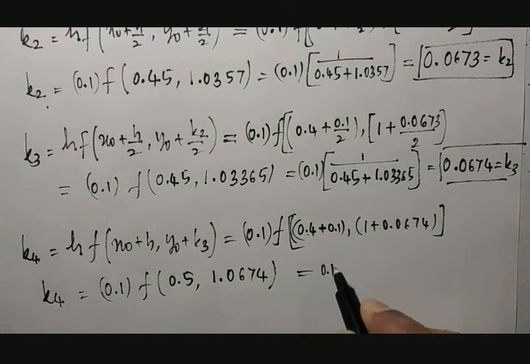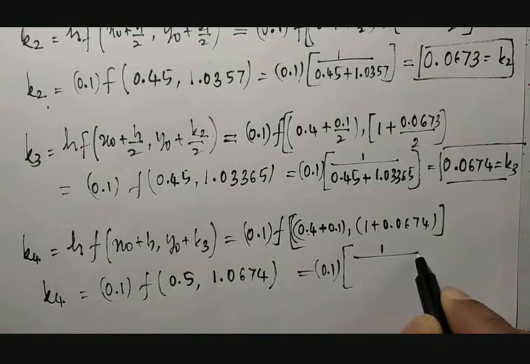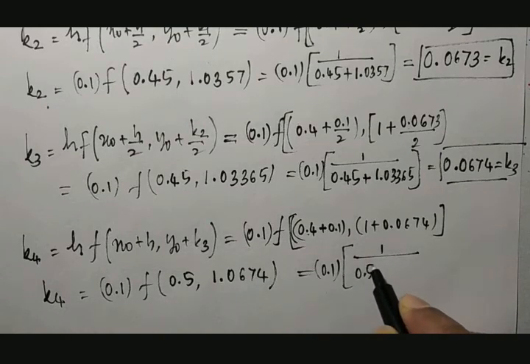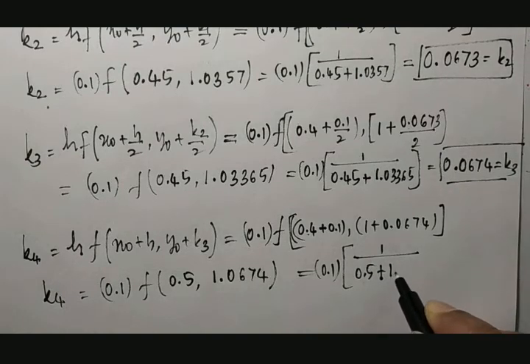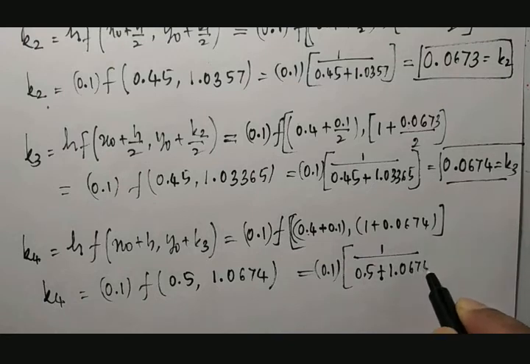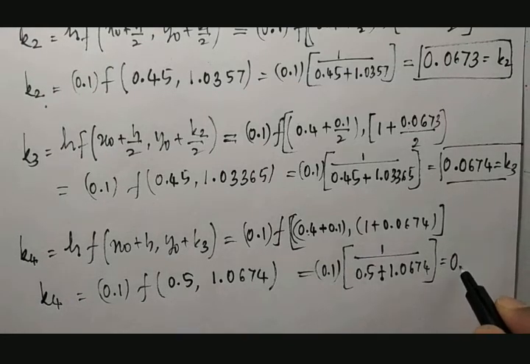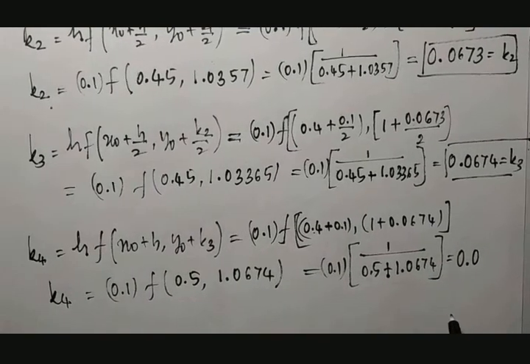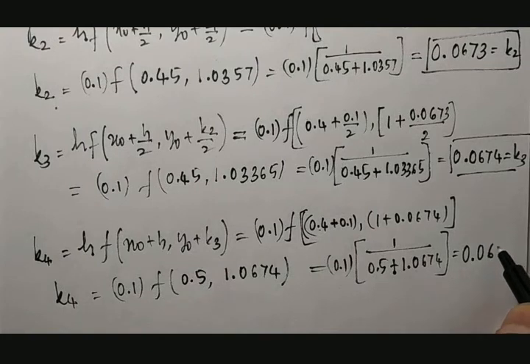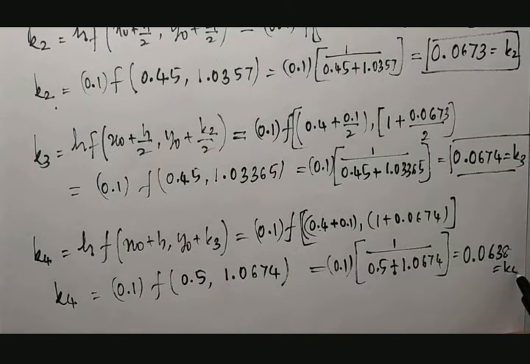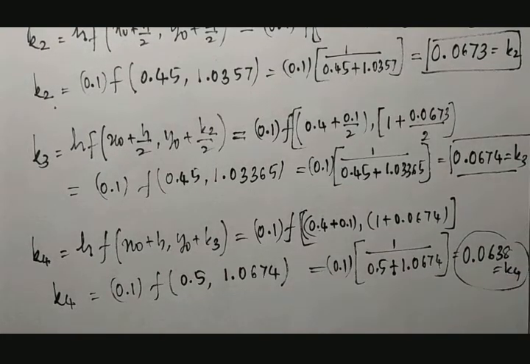Therefore, it is 0.1 into the functional value, that is 1 divided by x, 0.5, plus y, 1.0674, which is equal to, if you calculate this, 0.0638. This is K4.